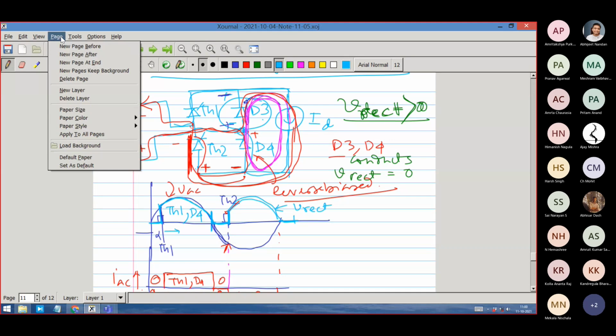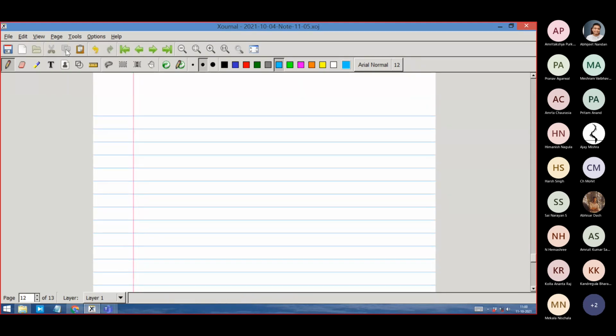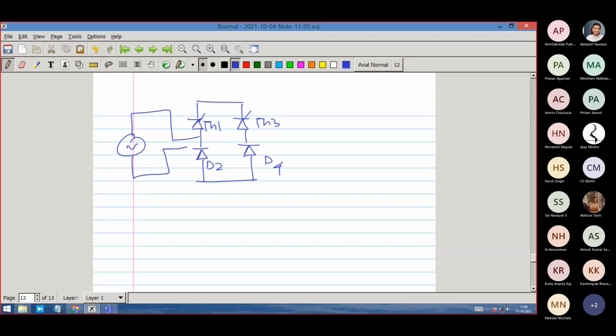I will draw a dual circuit of that, and you yourself analyze that. You will see who conducts for what, and decide who will conduct for when and how much duration.